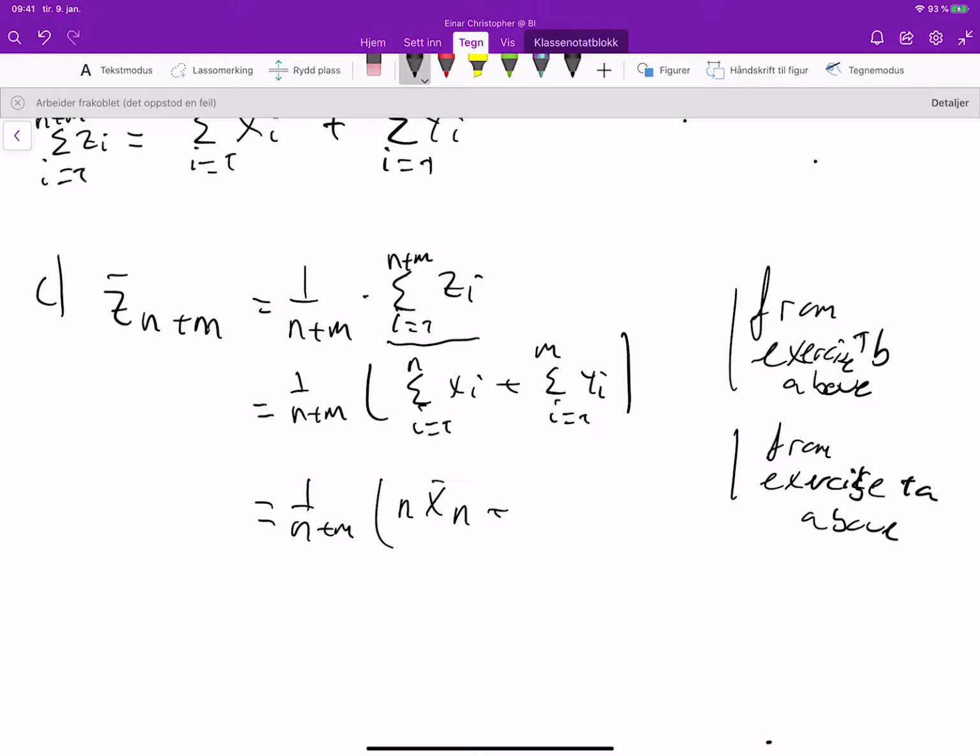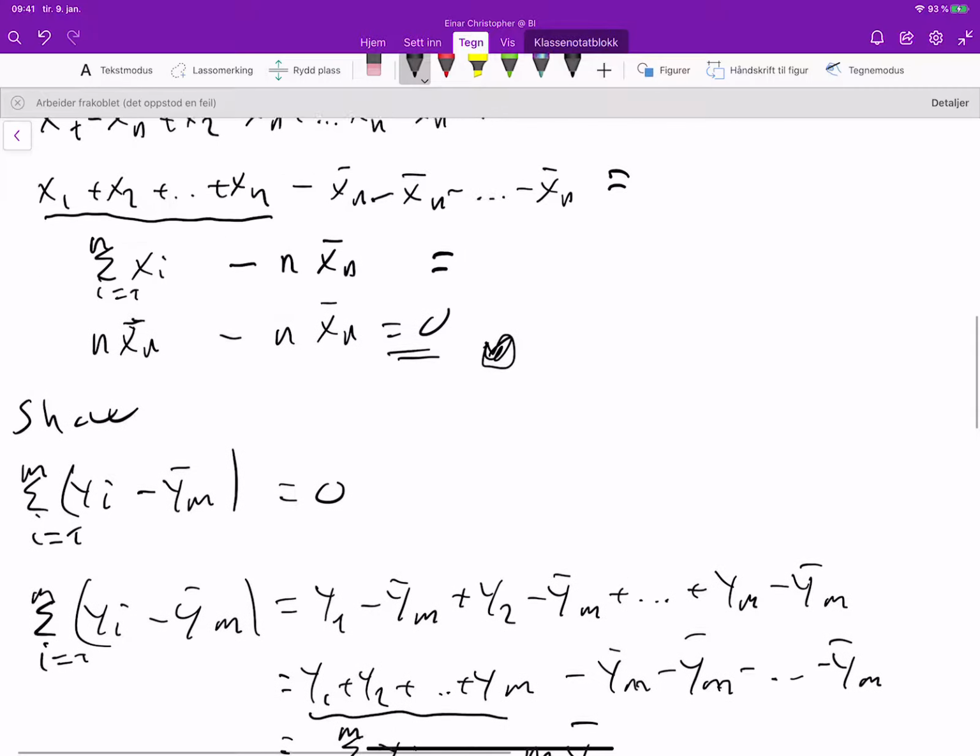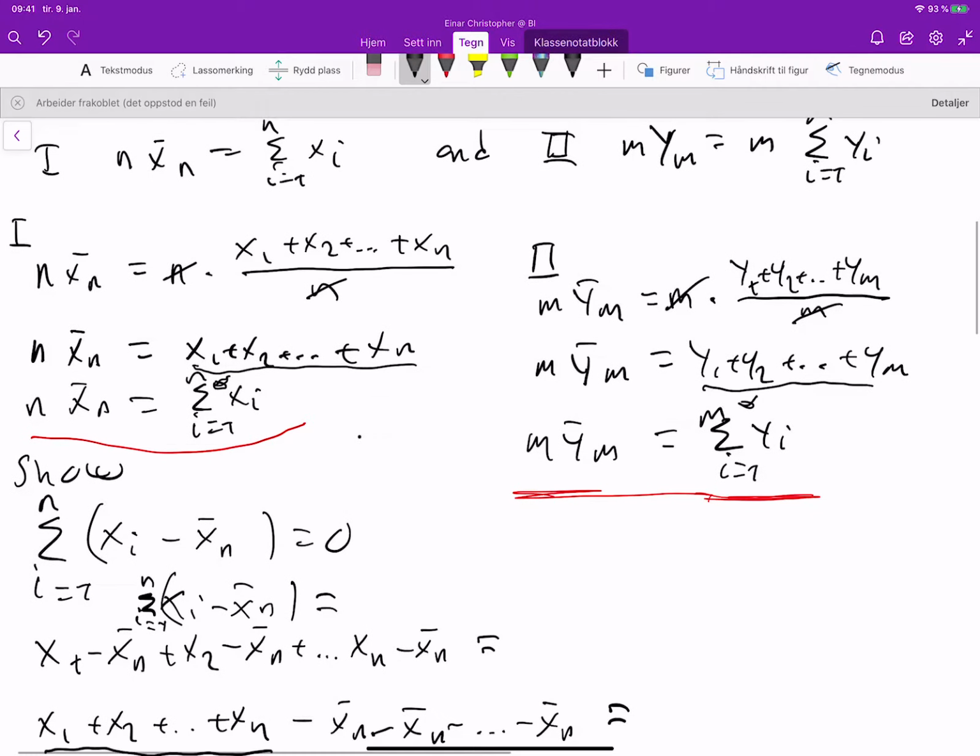And this next term, the sum over the yi's, is equal to m ym bar. This we showed above. Let's look at it. Here we showed it, the red lines.